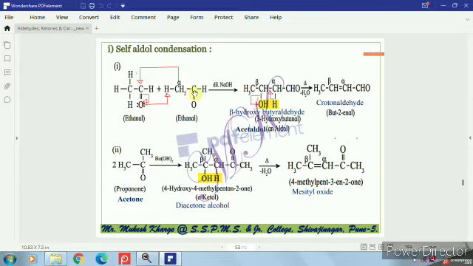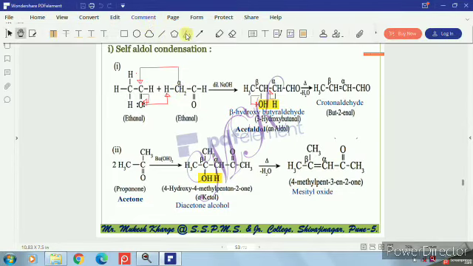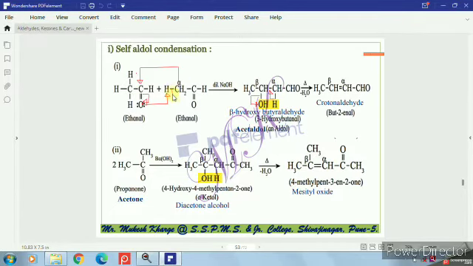This carbonyl carbon is electron deficient, and the carbon next to it is electron rich. So this carbon will attack like this. If we remove the bond between H and C, that electron pair goes with the more electronegative atom, that is carbon.